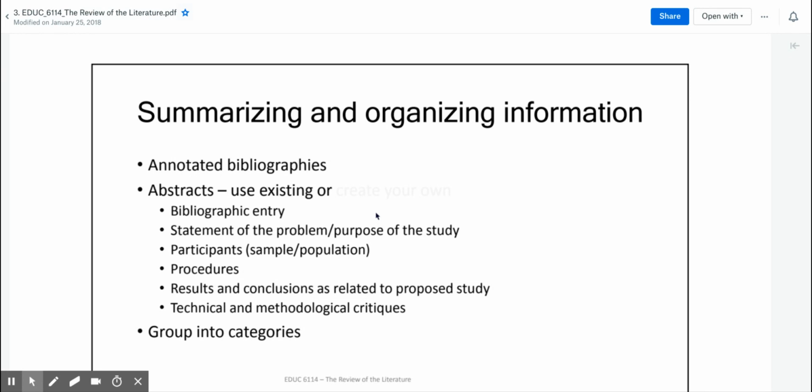Okay, summarizing and organizing. Number one, annotated bibliography and literature review, and sometimes we do annotated bibliography development. An annotated bibliography is not just paraphrasing someone else's dissertation, abstract, and conclusion. You need to add an evaluative component.